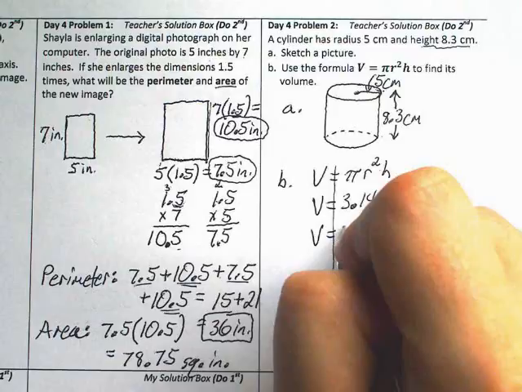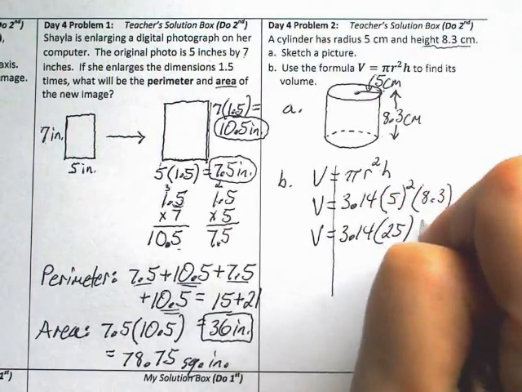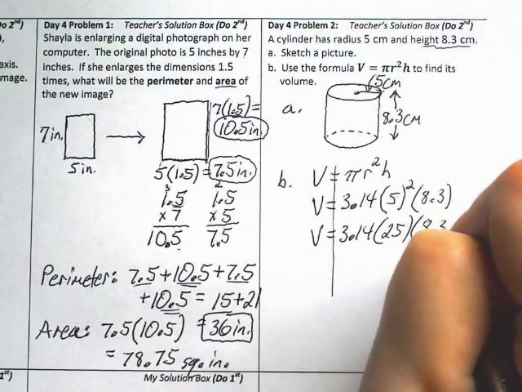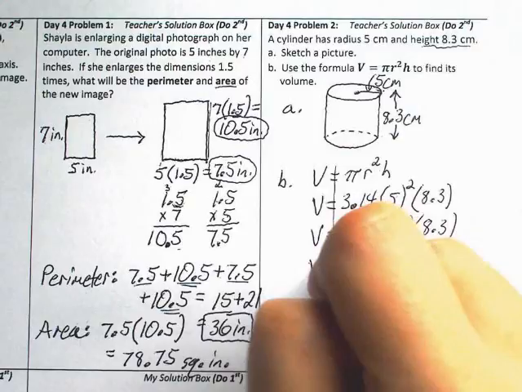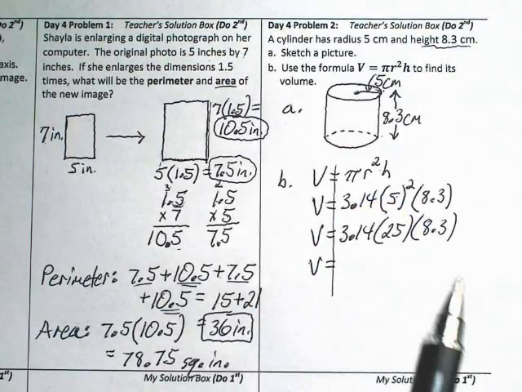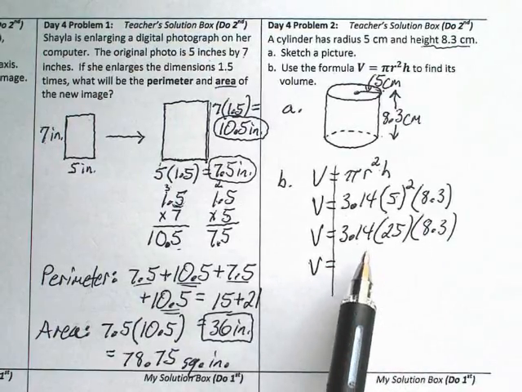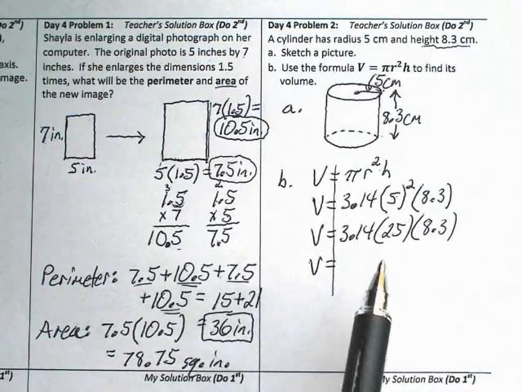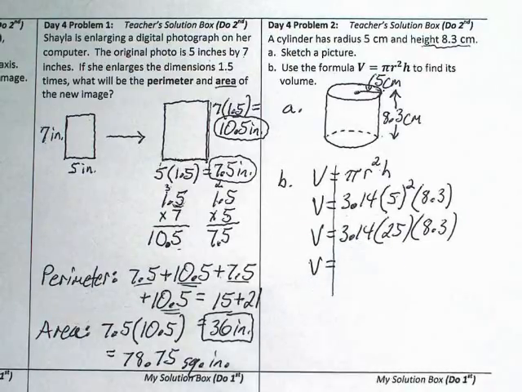So we have 3.14 times 25 times 8.3. Okay. And then V equals 3 numbers that we need to multiply together. It doesn't matter in what order we multiply them. We're just going to have to do a little bit of scrap work and we can get the answer to this. So how about starting with 3.14 times 25?